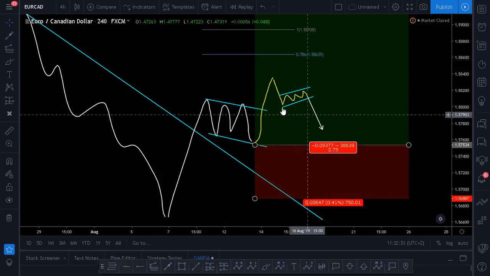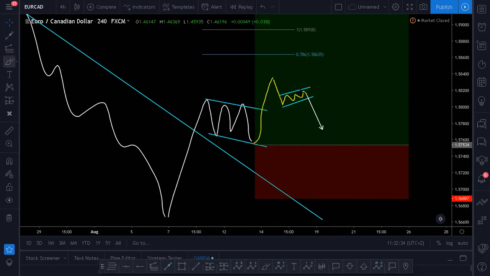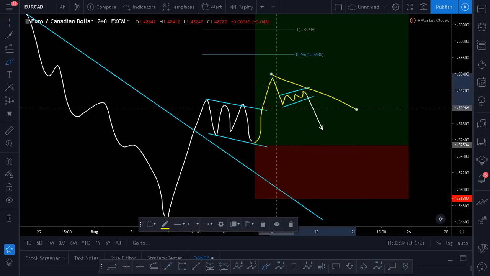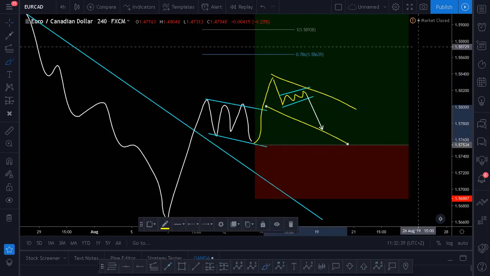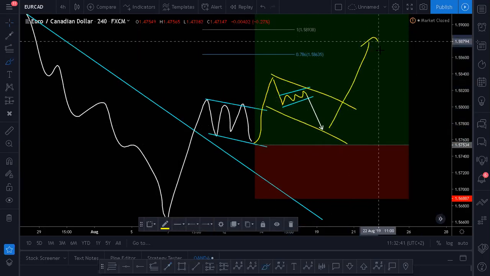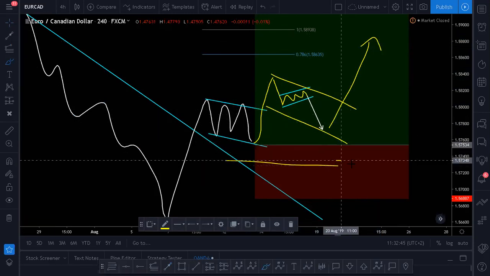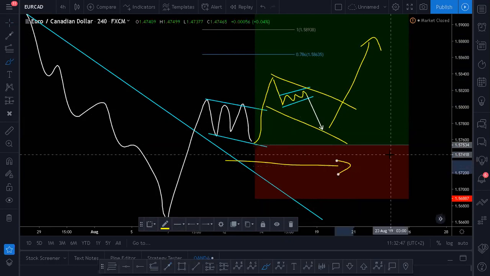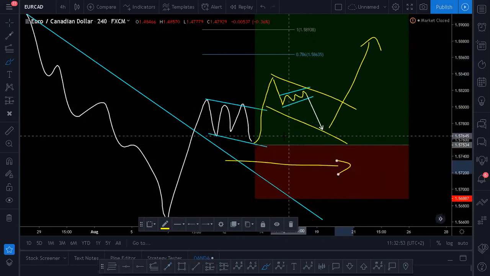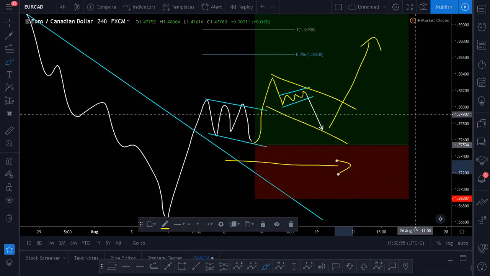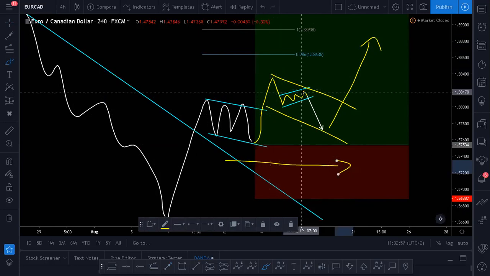Okay, this might be a chance for re-entry, because it might look like a structure like this one, which is still gonna push up. Okay, but this is going to extend your holding period. So if you cannot hold, or you're not used to holding trades like the entire week, do not ignore these structures.